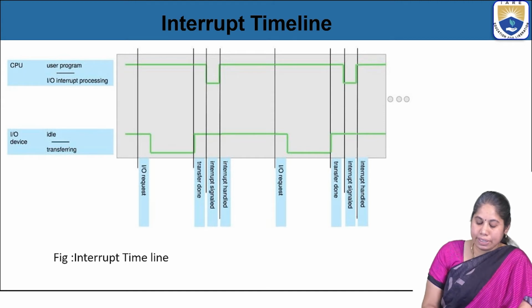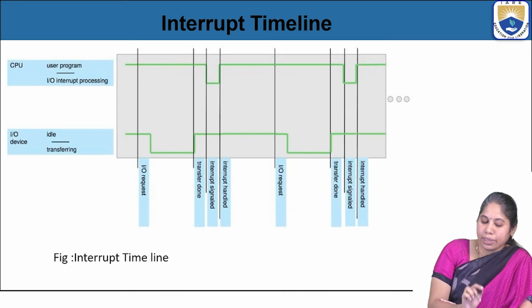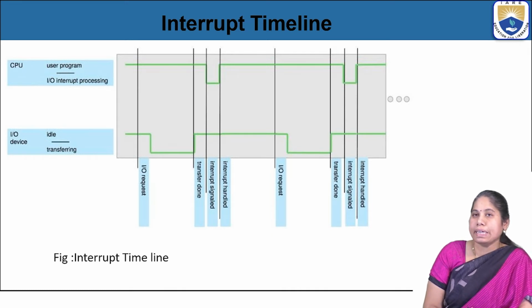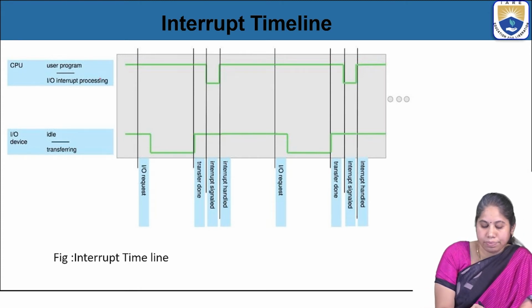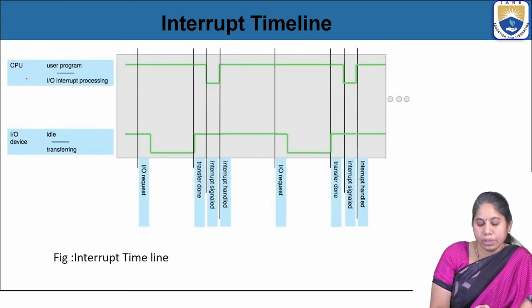Let us see, suppose the CPU is doing the processing, the interrupt timeline: when an interrupt occurs, how does it function? If you observe here, the CPU is processing the user programs or user applications.